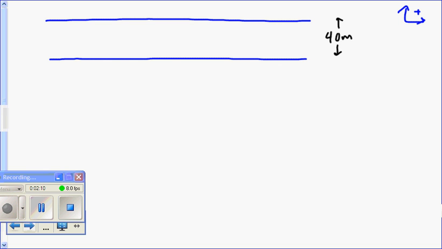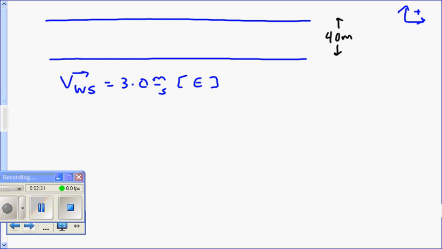And so the information that we're given, using the proper terms as far as the variables, we're given the water speed, the river speed. We call that water with respect to shore. And it's 3 meters per second east.